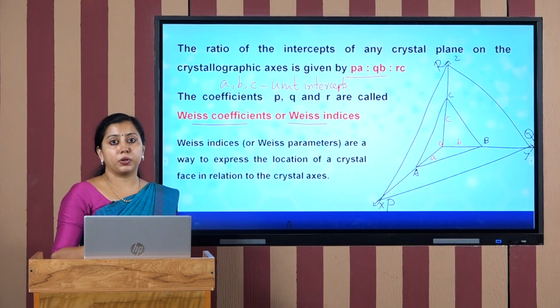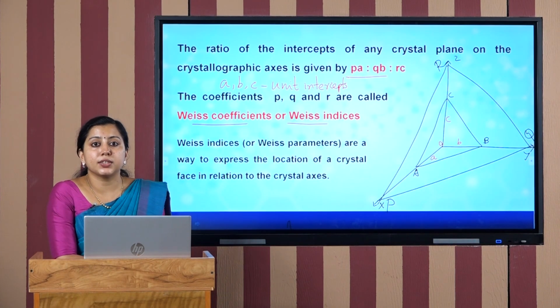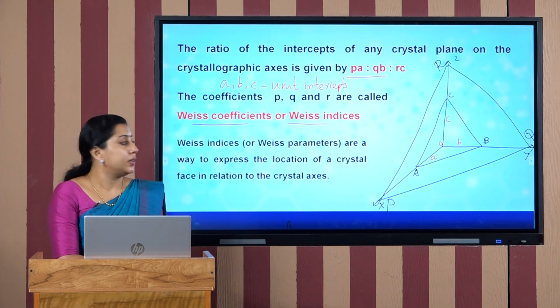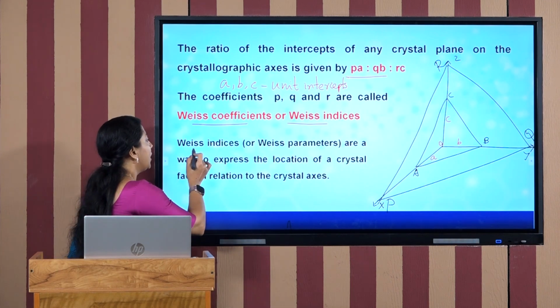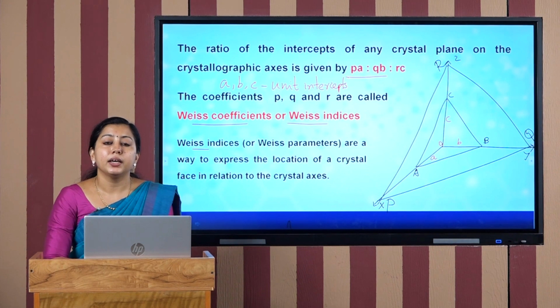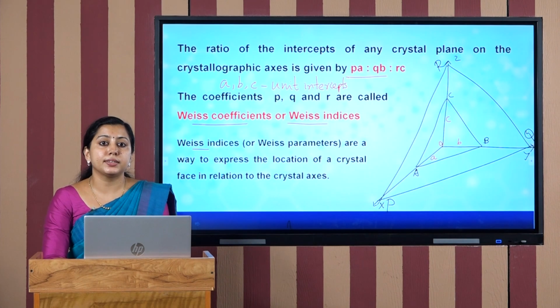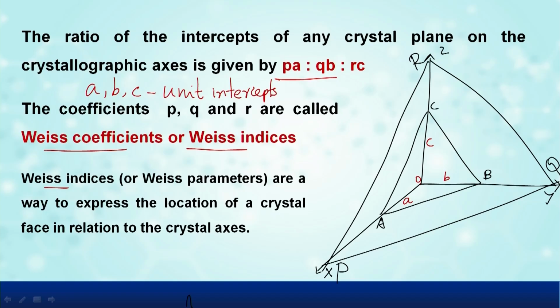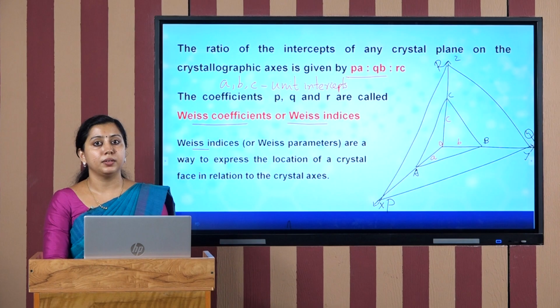And this is a very important term, the Weiss coefficients or Weiss indices. These Weiss indices are a way to express the location of a crystal face in relation to the crystal axes. These Weiss coefficients may be equal to unity, that is, the values of P, Q and R can be equal to unity, or they can be fractions, or they can be whole numbers.